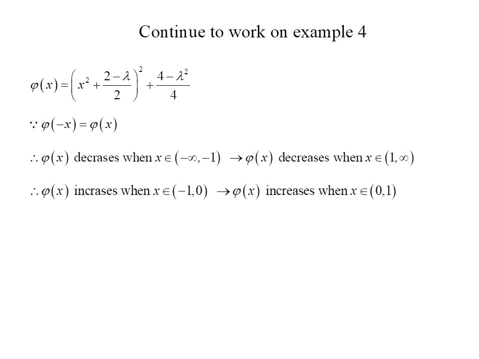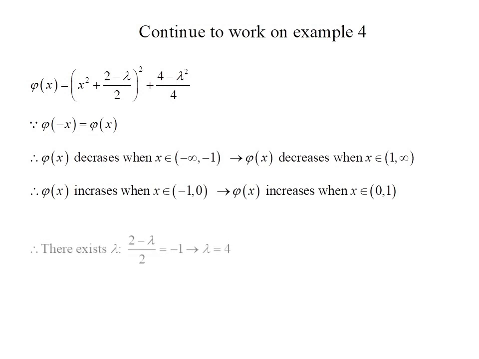Similarly, φ(x) increases when x is between negative 1 and 0 is equivalent to φ(x) increases when x is between 0 and 1. Hence, as long as the axis of symmetry x equals (2 minus λ) over 2, which equals negative 1, φ(x) satisfies the requirement.